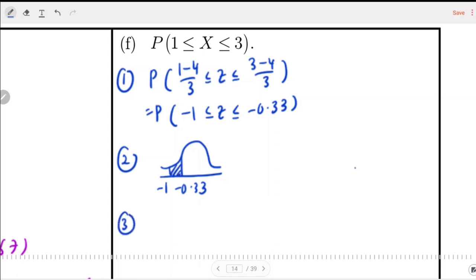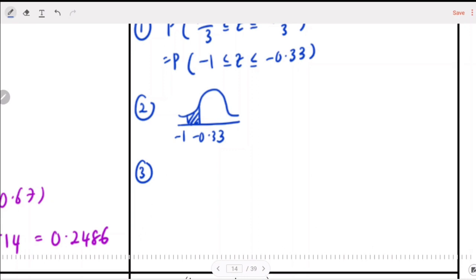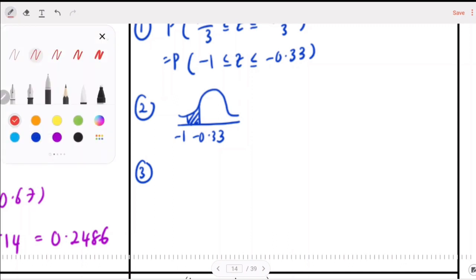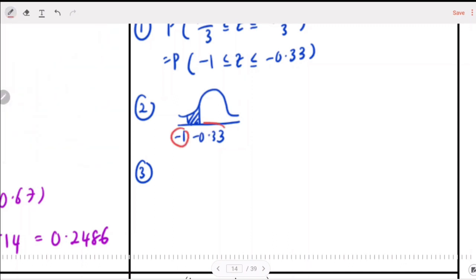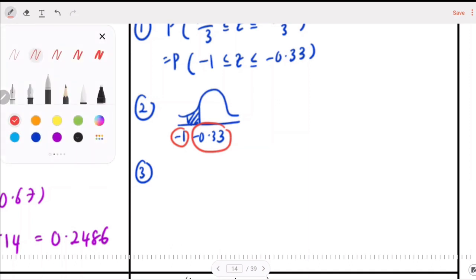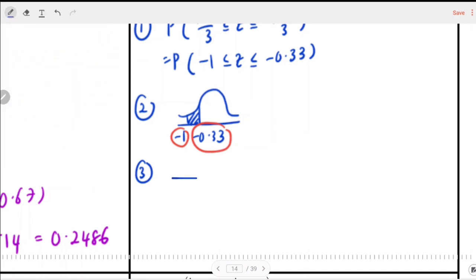Doesn't need to put 1 minus since we didn't fully shade the middle part of our bell shape. So we just take one of the values minus the other value. So it's going to be probability for Z greater than 0.33, doesn't need to put the negative one, and then minus probability for Z greater than 1.